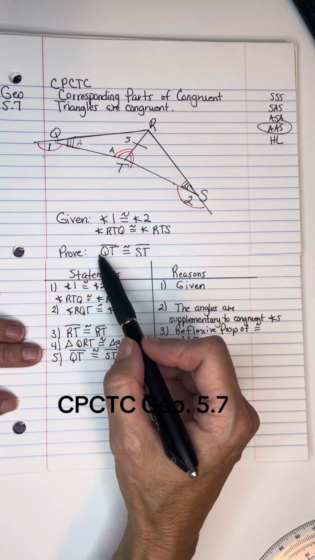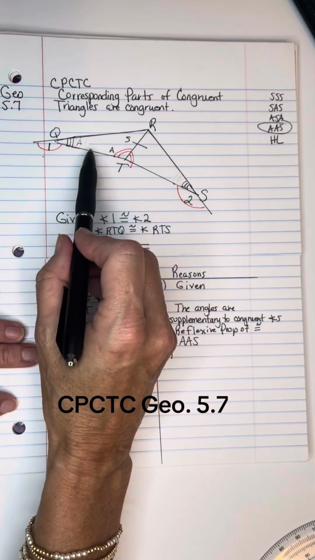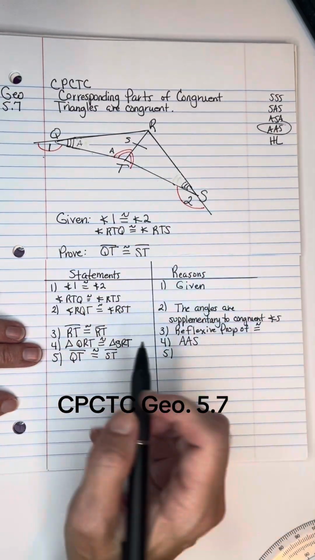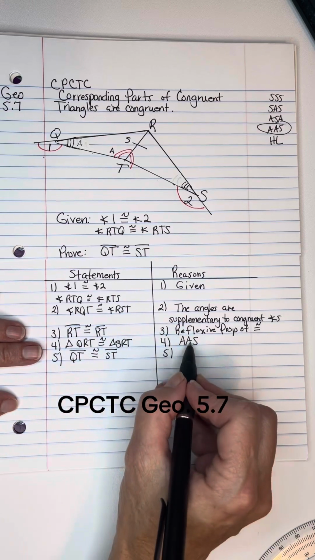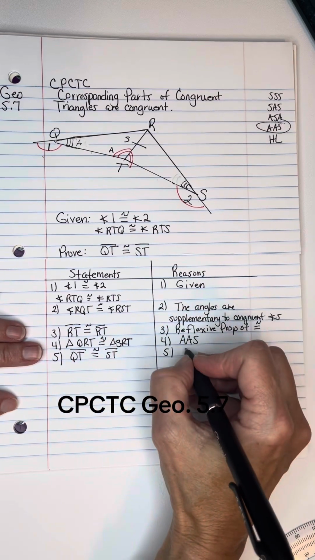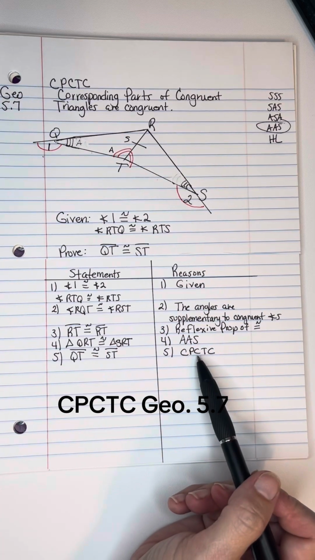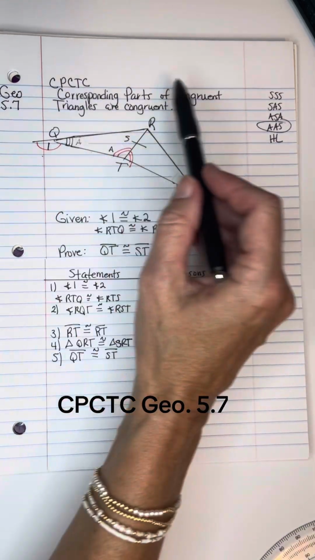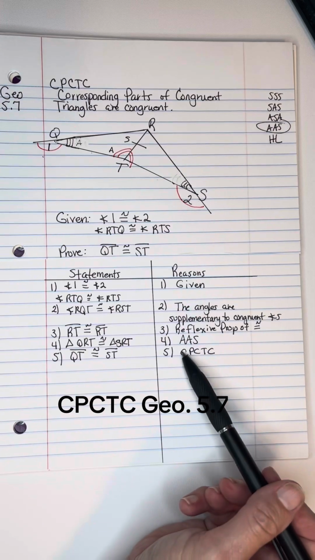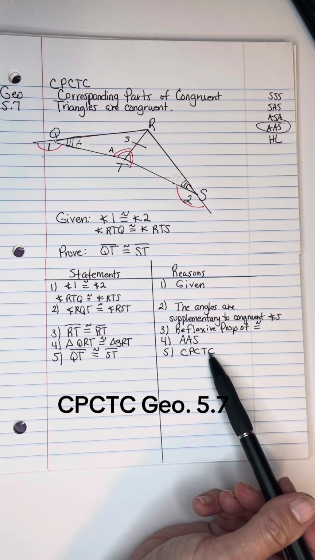Then they asked me to prove QT is congruent to ST, so this one is congruent to this one. As soon as I prove two triangles congruent, that allows me to say CPCTC. And you can imagine why we like the initials other than writing the sentence out. Corresponding parts of congruent triangles are congruent.